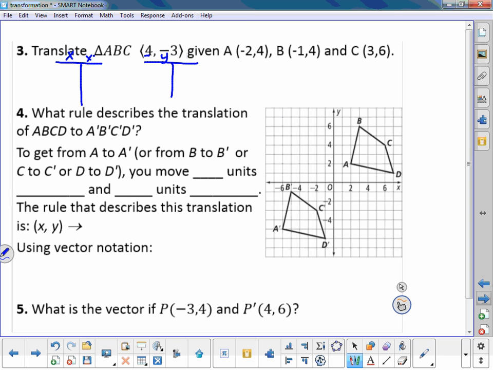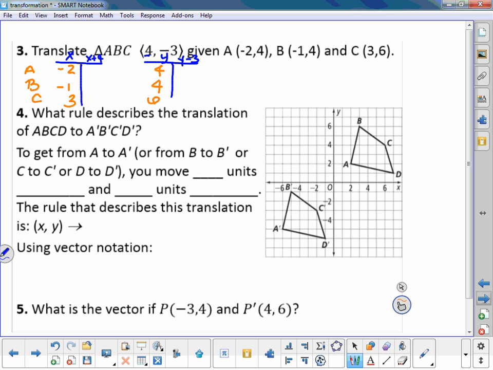So that means I'm adding 4 to every x. This one says I'm subtracting 3 from every y. So I'm going to take my first ordered pair. This is for A. I have negative 2, and I'll put the 4 where the y is. For B, I have negative 1 and a 4. And for C, I have 3 and a 6.